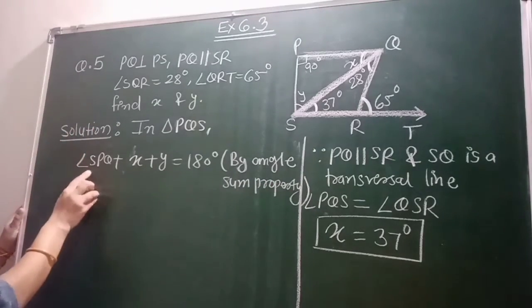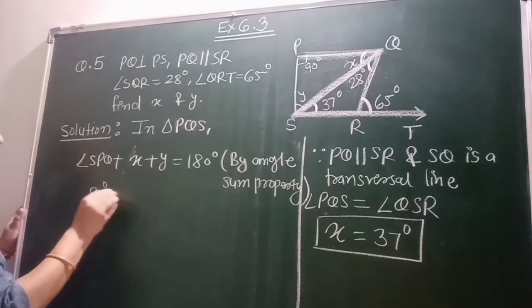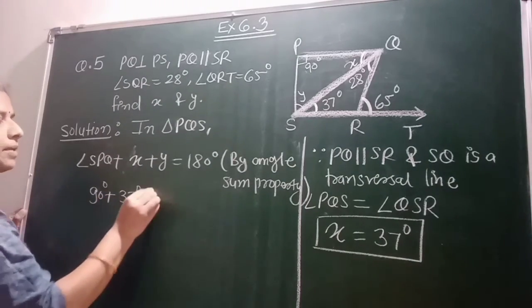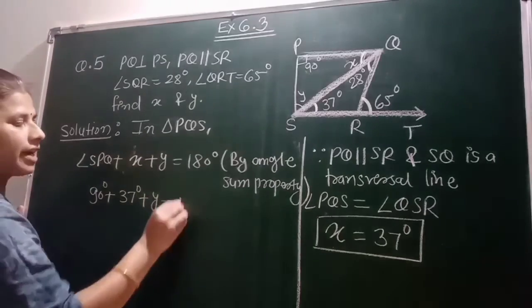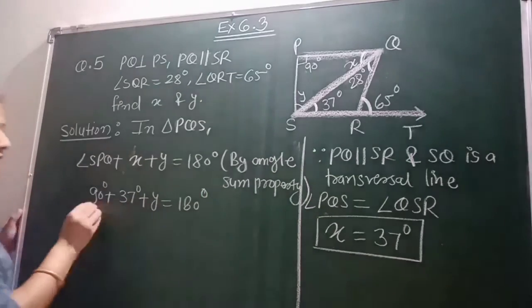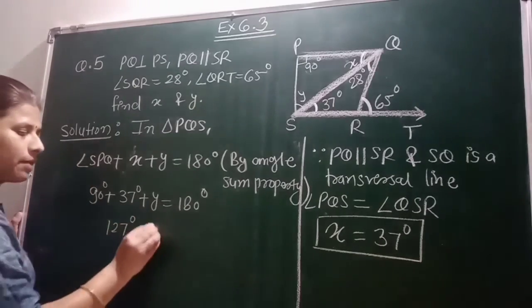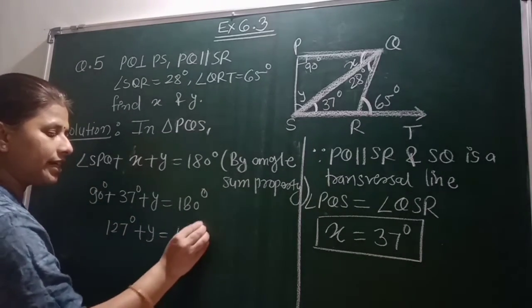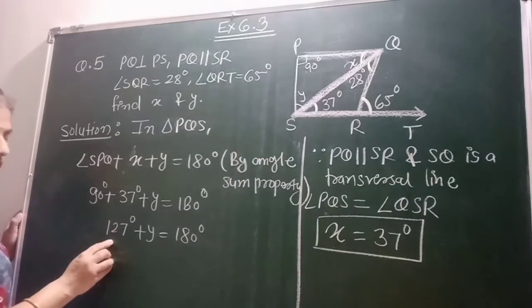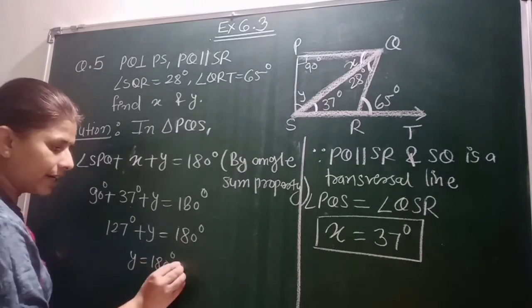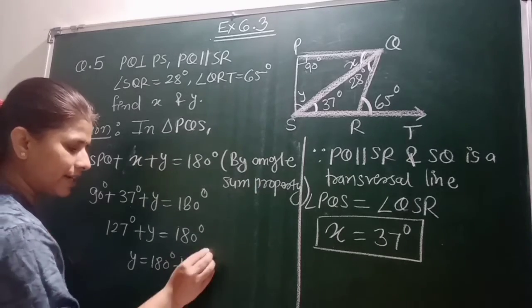Then angle SPQ equals 90 degrees. The measurement of angle x is 37 degrees, plus y, we will find, equals 180 degrees. What will be the addition, student? 127 degrees plus y equals 180 degrees. Then we will shift this 127 to the right hand side and we will get 180 degrees minus 127 degrees.